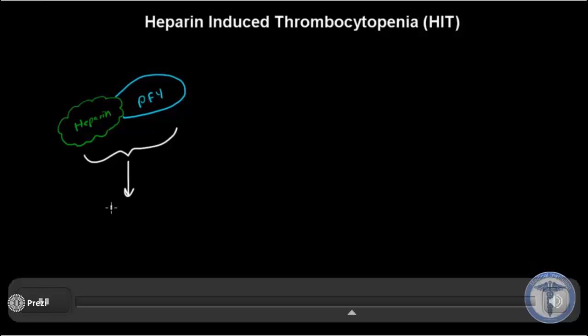Okay, so our immune system gets stimulated, and then we start making antibodies. These antibodies are usually of the IgG class, which will form a complex with heparin and PF4, which is our platelet factor 4, in the bloodstream. So let's just imagine that this is our IgG binding to heparin and platelet factor 4, forming a complex.